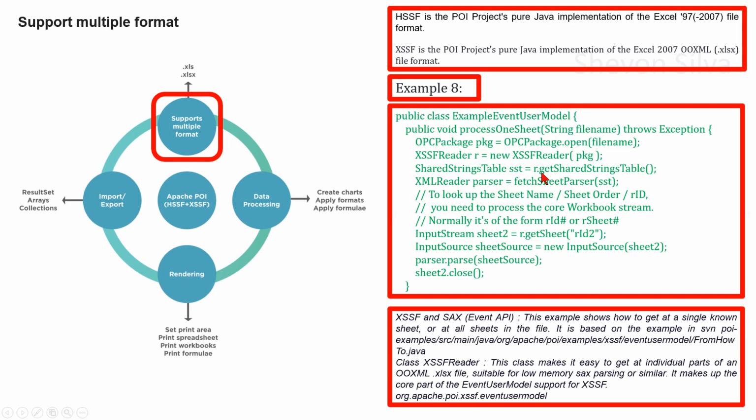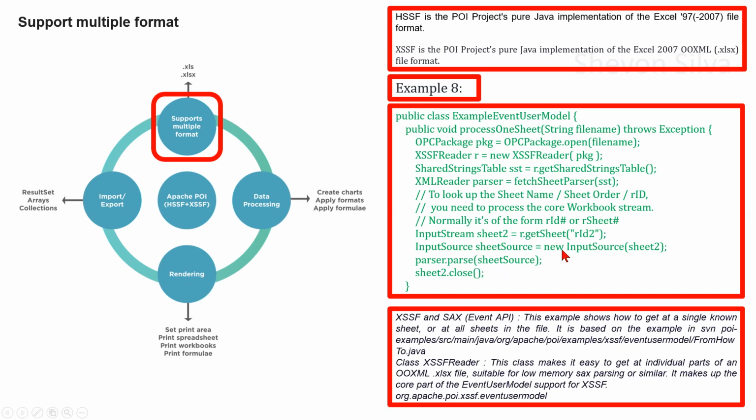It provides methods to get the raw XML data from the rest of the file, which you will then pass to SAX.